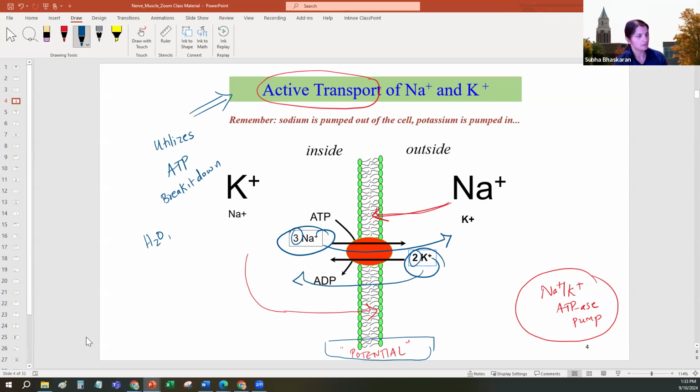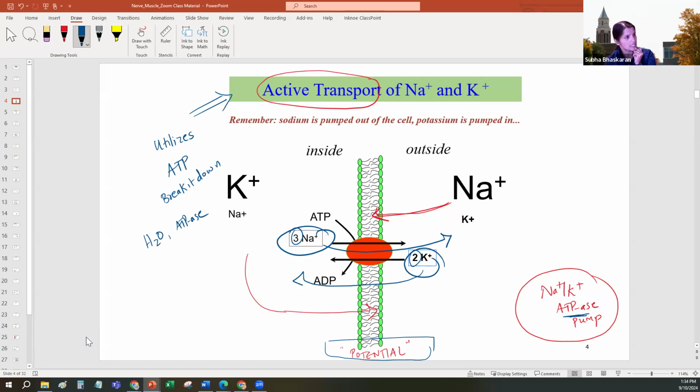That's part of the sodium potassium ATPase pump. Come on, I'm almost giving you the answer. I already gave you the answer. Yes, ATPase. Very good. It's right here. Yes, that's built into the pump.